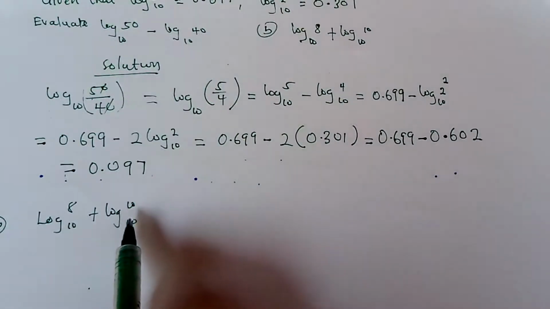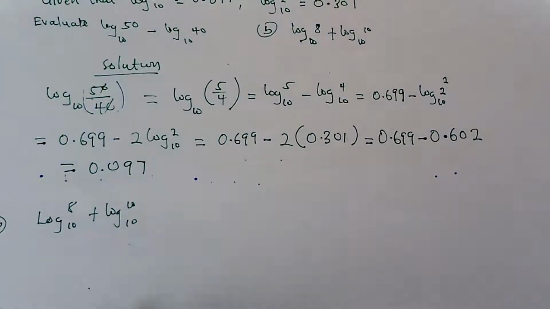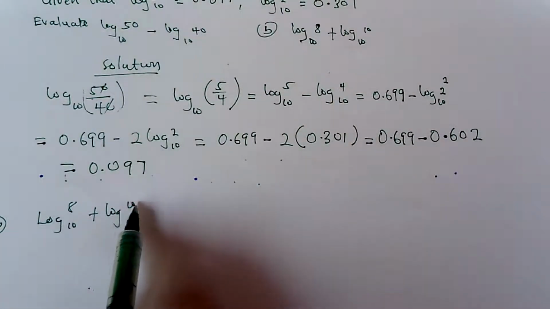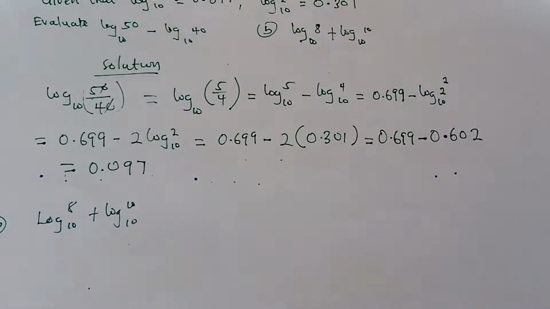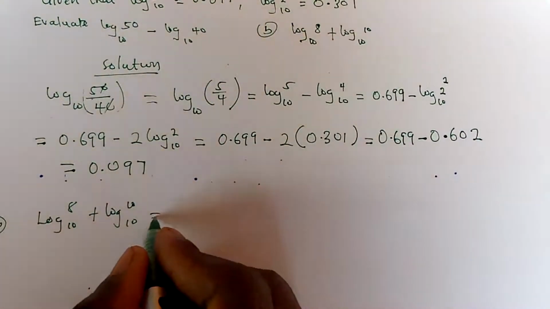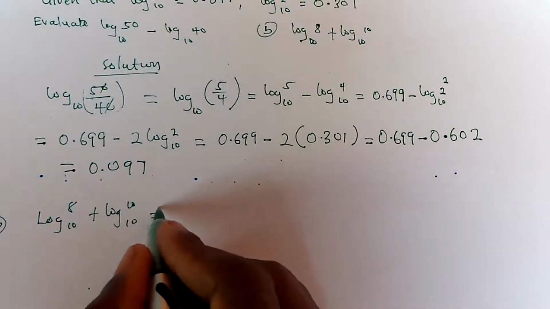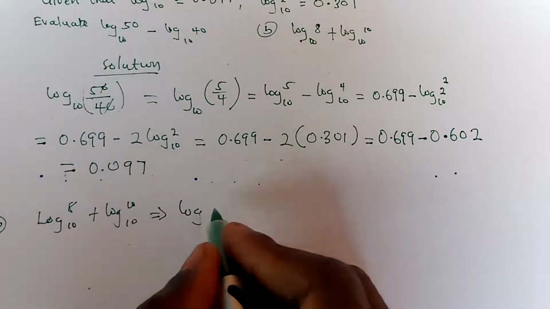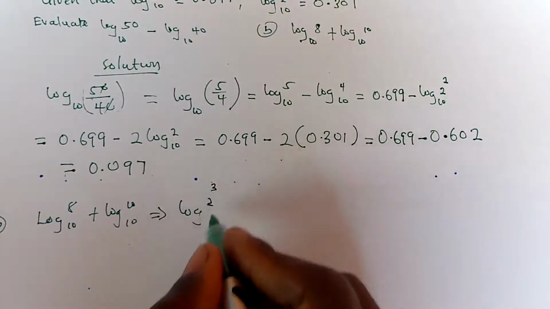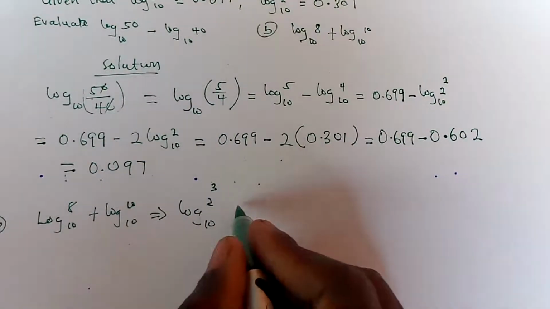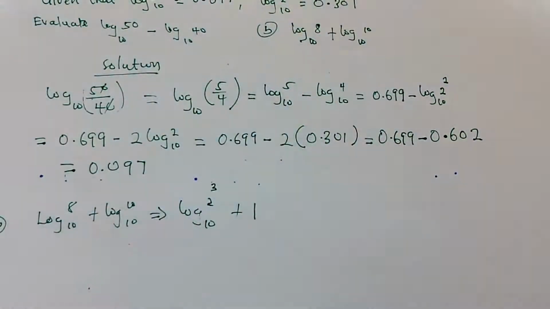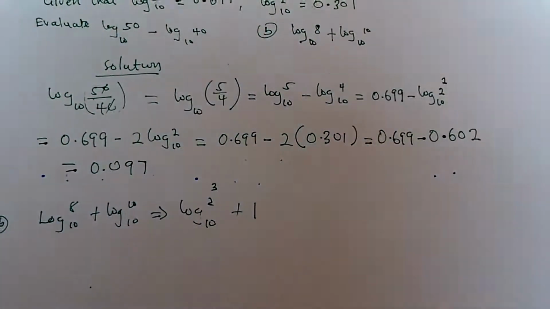So log 10 to the base 10, because the base and the number are the same, is equal to 1. We can do something to the 8 here. We can write it this way: log 2 cubed to the base 10 plus 1, because this one is simplified to 1.